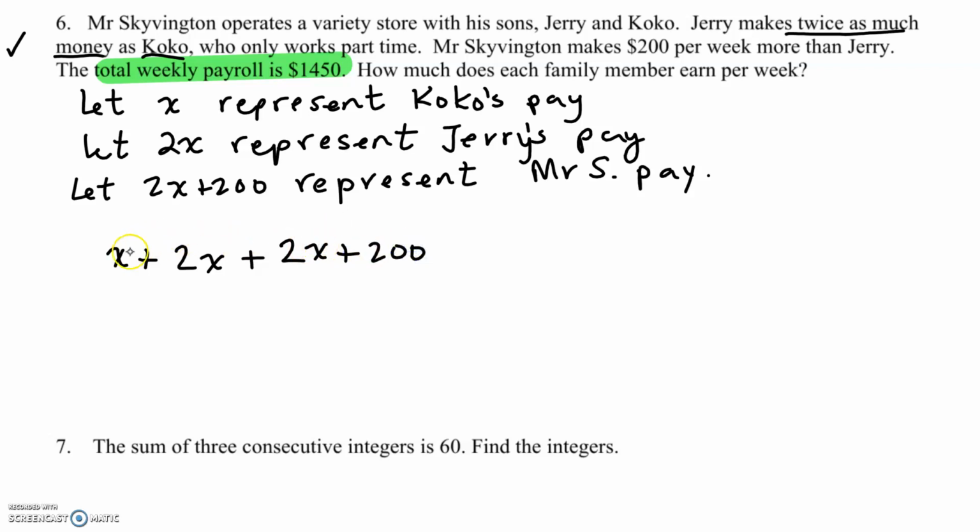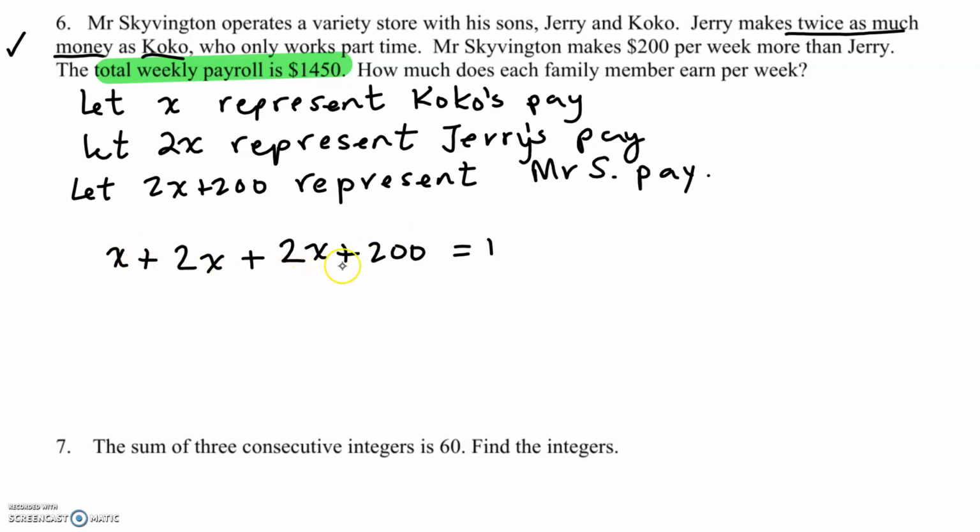All of those added together equals $1,450. So if you think about it, this is Coco, this is Jerry, this is Mr. S. So 1, 2, 3 added together is $1,450. I don't need the brackets because it's all adding, so I'm just going to take those off. I just wanted to show you guys that it was 3 individual people.